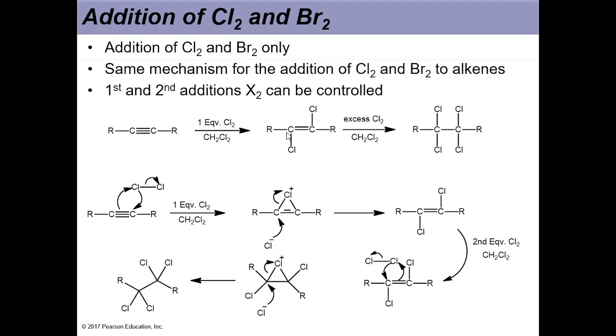The next way of adding the halogens will be addition of Cl2 or Br2 instead of HCl or HBr. So this will be fairly straightforward. If you recall what we did in chapter 6 with double bonds, both halides, either chloride or bromide, will just be added to the double bond. In this case, it's pretty much the same idea.